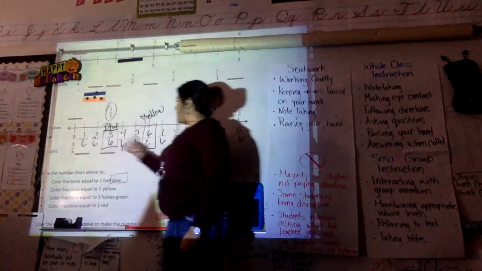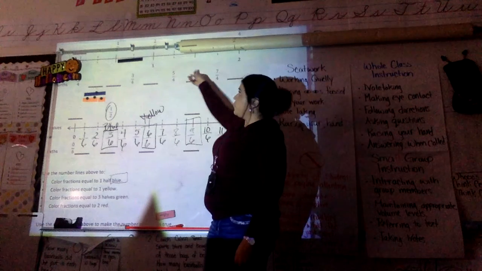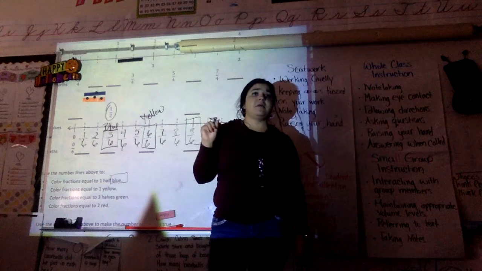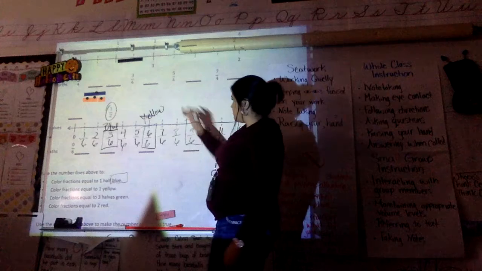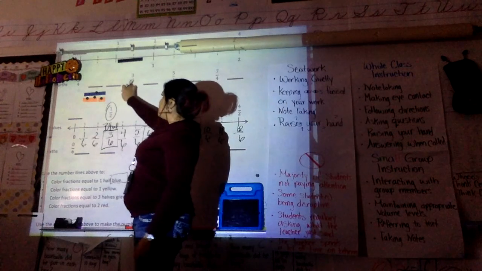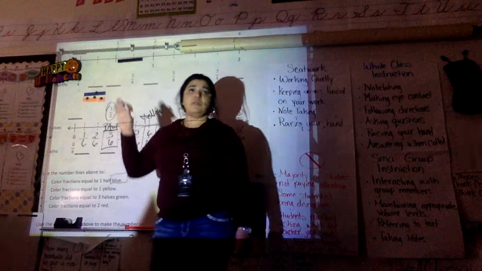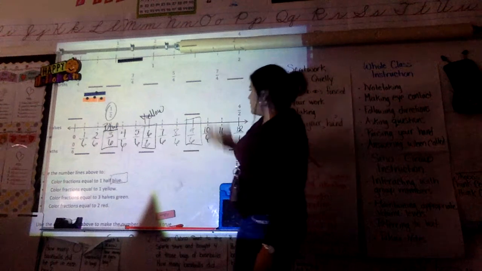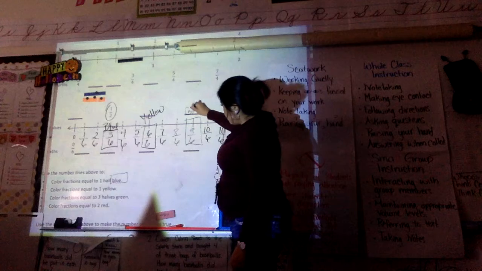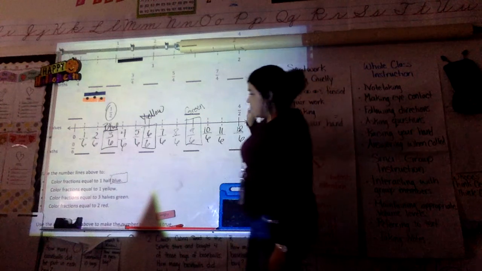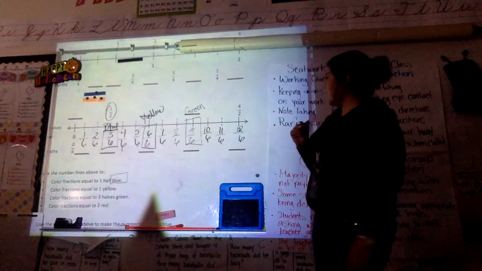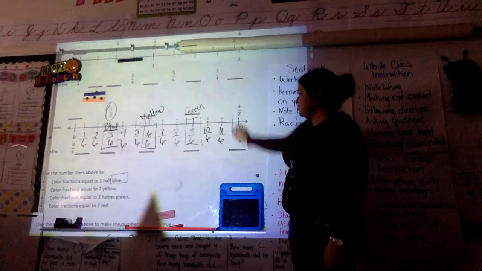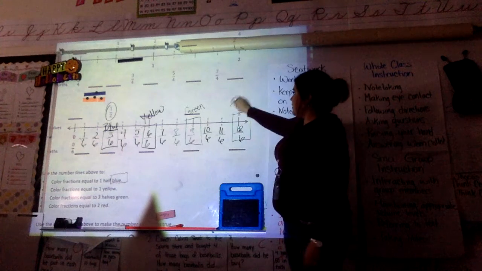You count by 3s for this one. In the one before, we were doing halves, so half of 4 is 2. You would count by 2s. So this one is going to be green. Color the fraction that is equal to 2 red.